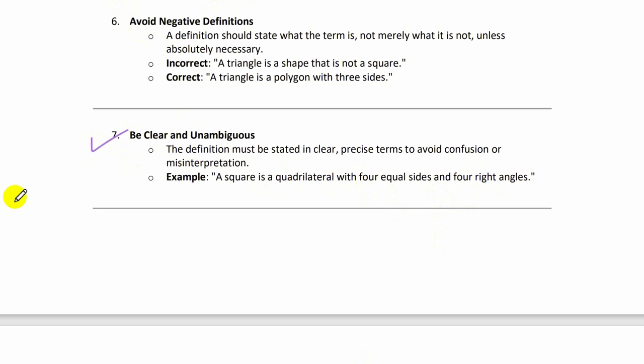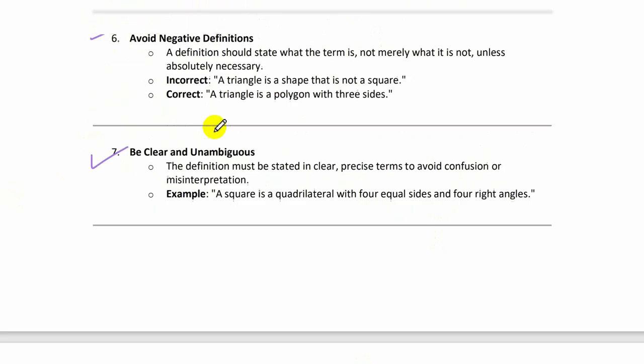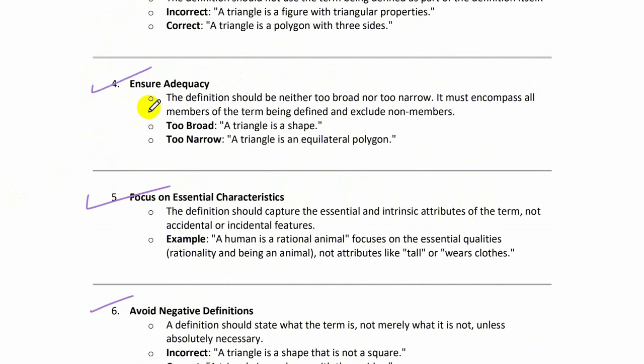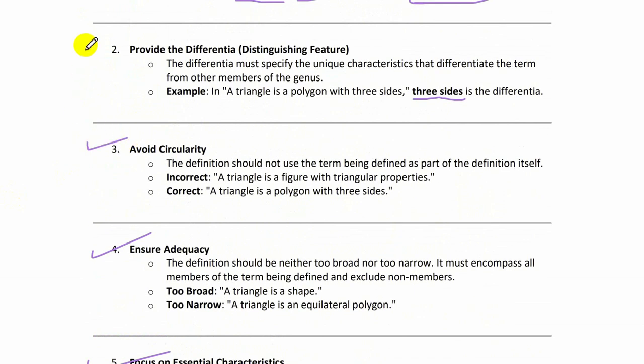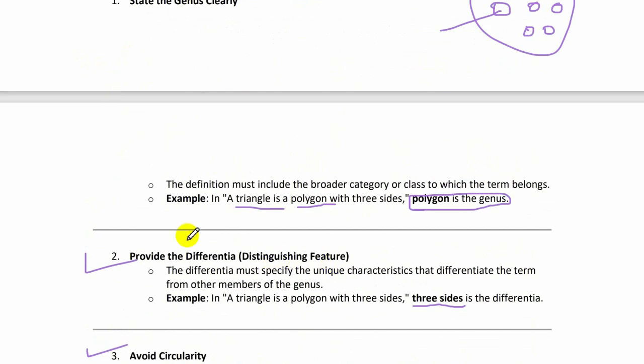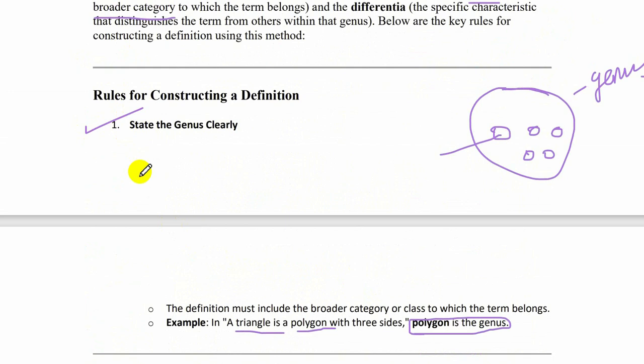Be clear and unambiguous, this we discussed. Avoid negative definitions. Focus on the essential characteristics. Ensure adequacy. Avoid circularity. Provide the differentia, that is the distinguishing features, and state the genus clearly.